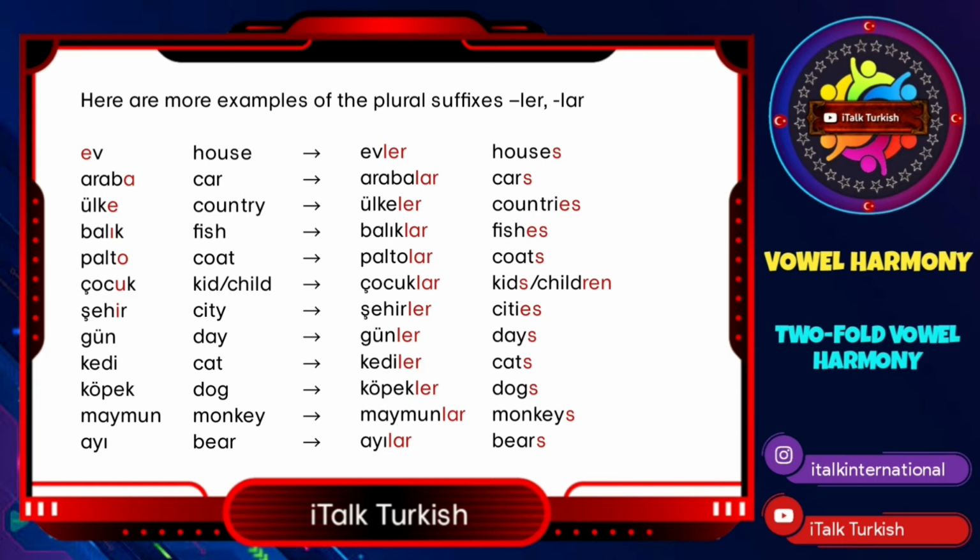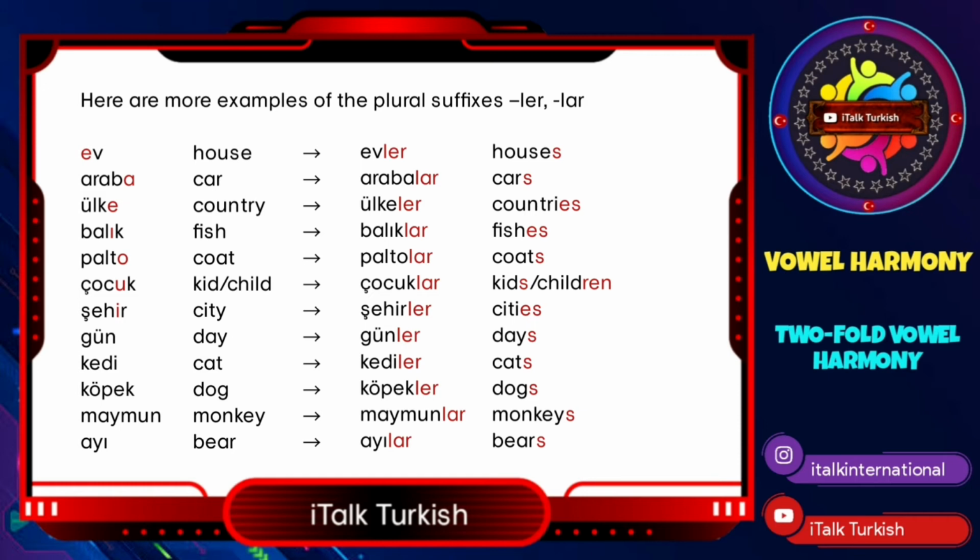Dear friends, the logic is very simple. There are two options in the plural suffix, either a or e. If the last vowel of a word is one of a, ı, o, u, the suffix takes a.